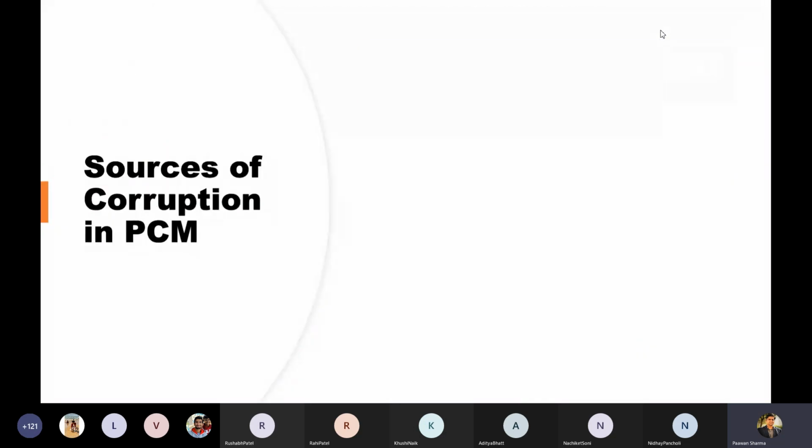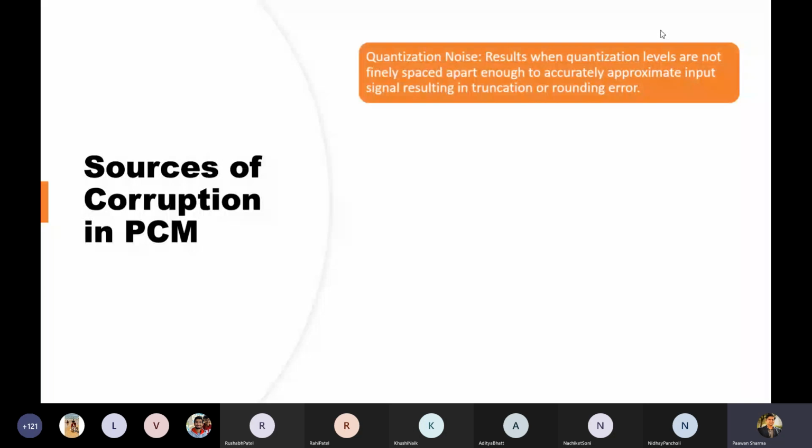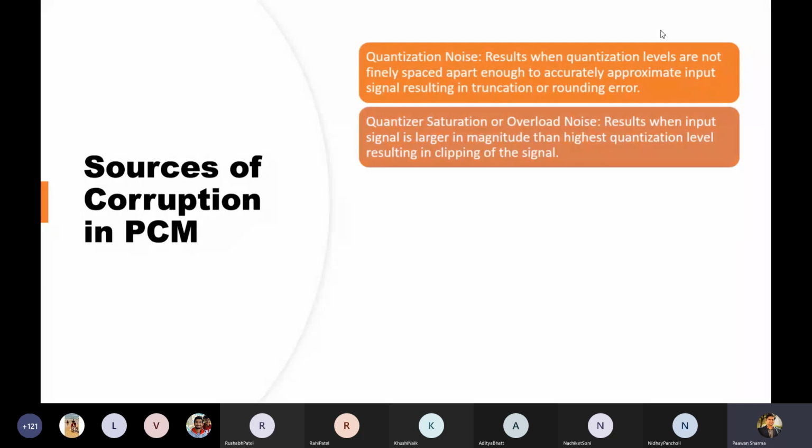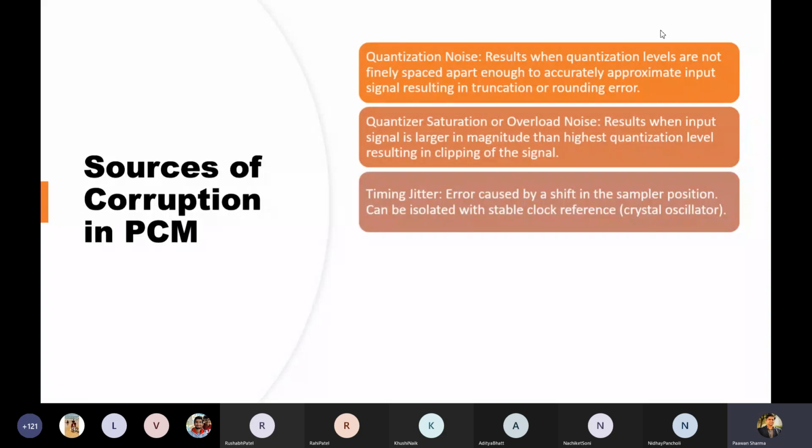Sources of corruption in pulse code modulation. Quantization noise, we are aware of. Overload noise, and we know timing jitter. So it is something related to timing error caused by a shift in the sampling position. So when we are sampling, if there is a little shift in the sampling instance, we call it timing jitter.